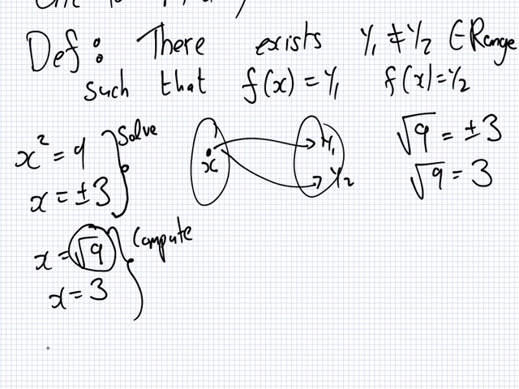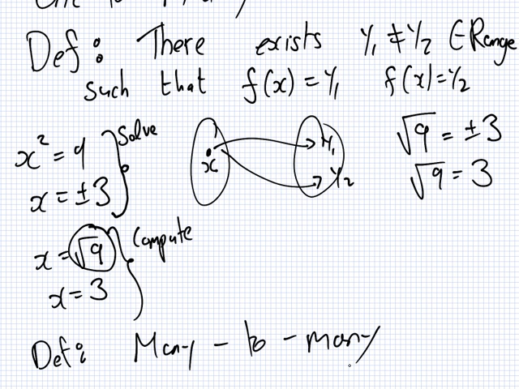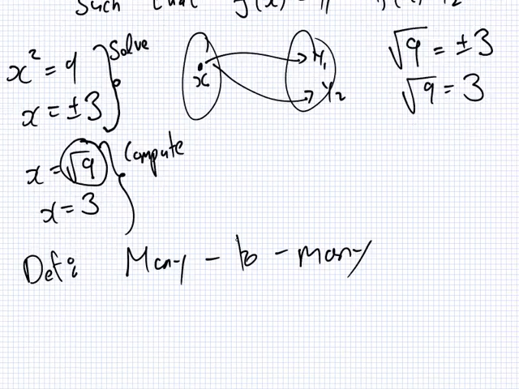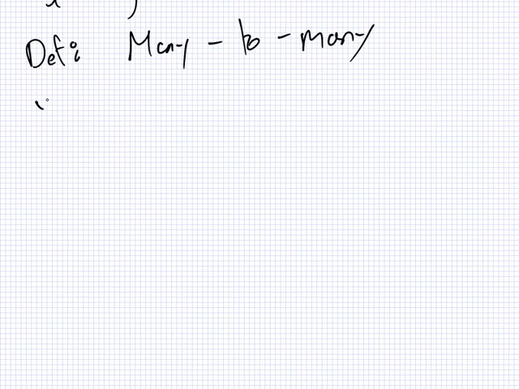Alright. The last one of the four. Yeah, I know. Definition is many to many. So this is the worst one. So this is y1 does not equal y2, and these are in the range.